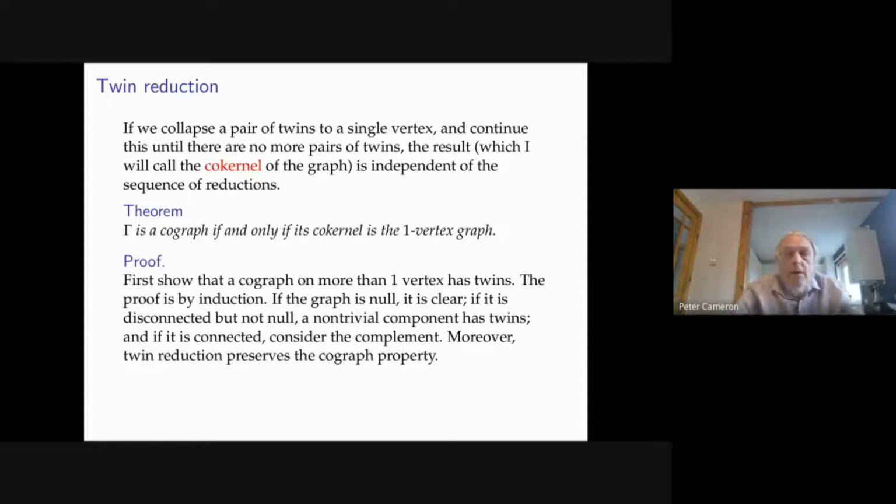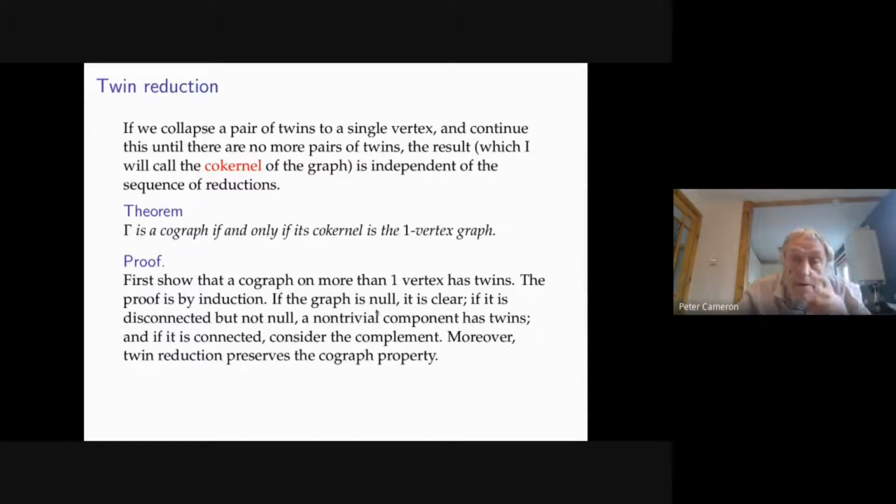So I'm going to outline the proof of this theorem. First of all, if you have a cograph on more than one vertex, it contains twins. It has a pair of twins, and the proof is by induction. Your cograph might be a null graph. Well, then in that case, it's clear.